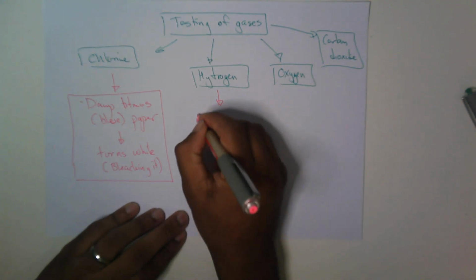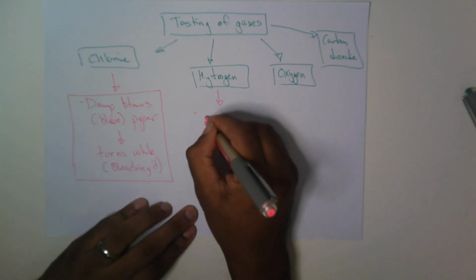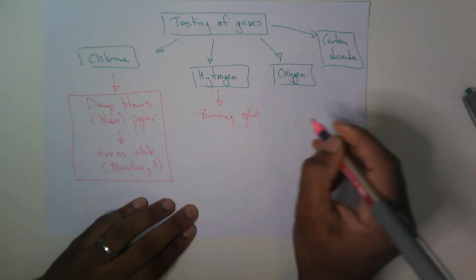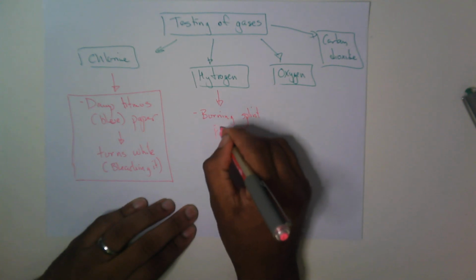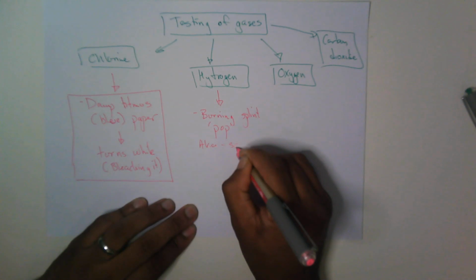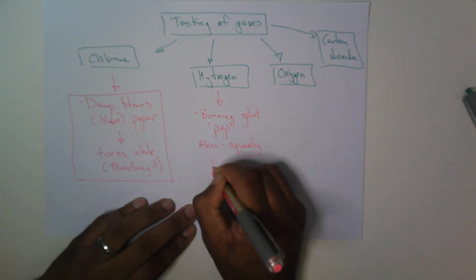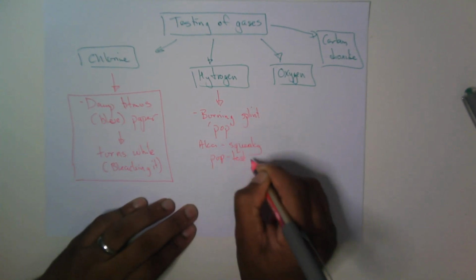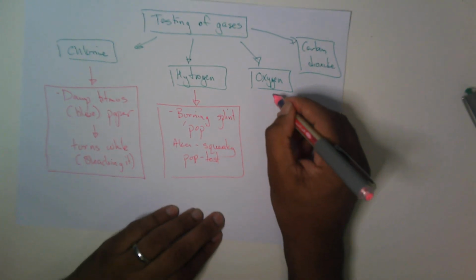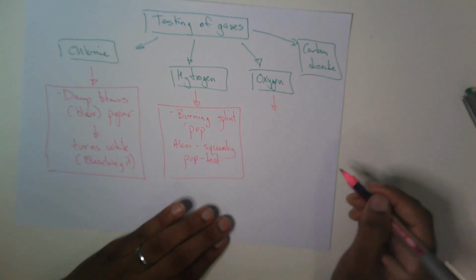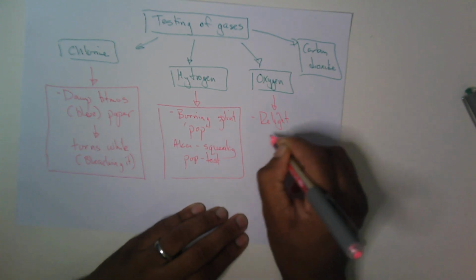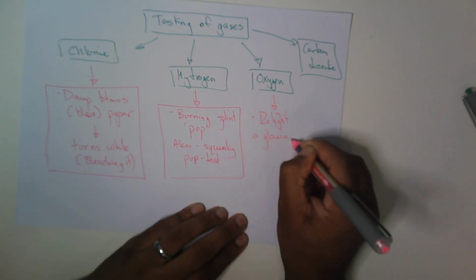Hydrogen's a really straightforward one that you've come across a number of times. So you get a burning splint, which goes pop. So it's basically the squeaky pop test, aka squeaky pop test. Okay, so that's an easy one. It happens because hydrogen is flammable. The oxygen one, with oxygen you just need to get a glowing splint, so it will relight a glowing splint.